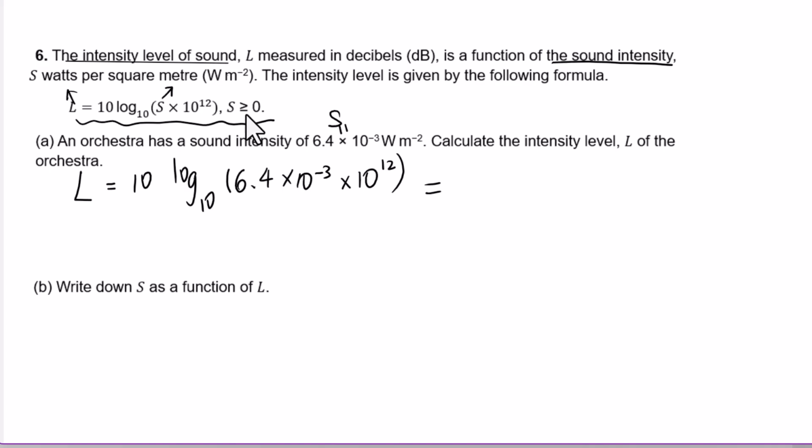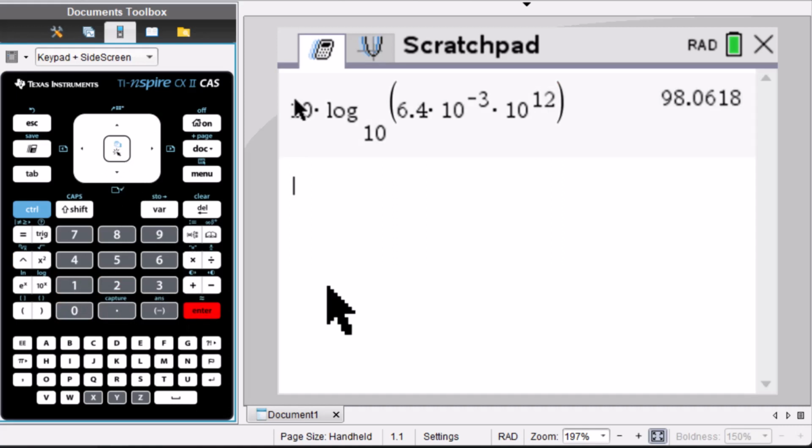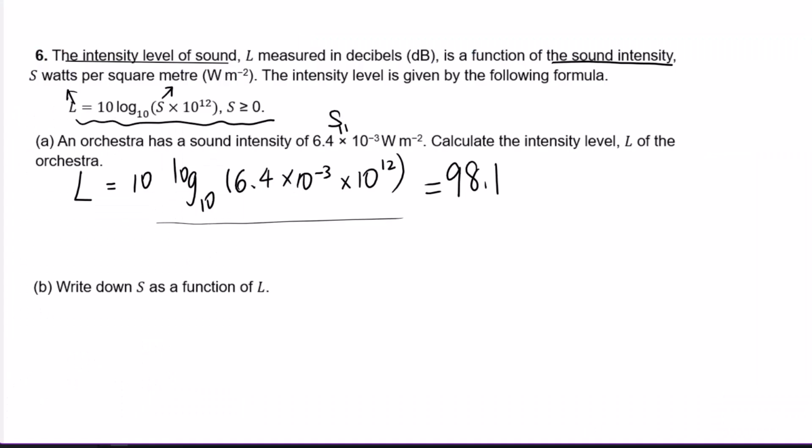We will put this into the calculator. 10 times control 10 to the x power, go to log base 10. 6.4 times 10 to the negative third power, then times 10 to the 12th power. Enter. 98.1 as 3 sig figs. So L equals 98.1.